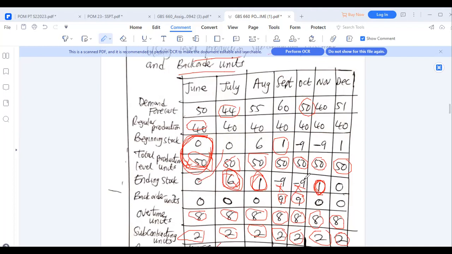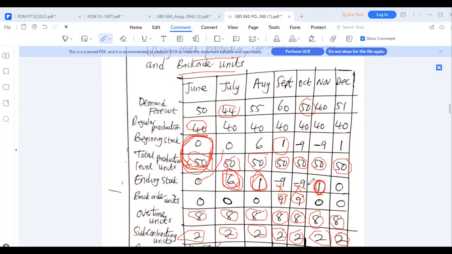In the month of July, we've got the forecast of 44, and then the regular production, which is 40. Then we have overtime 8, is it? So for us to meet the demand of 44, we've got 40 and 8. Don't you think we're going to have the ending inventory of 4?